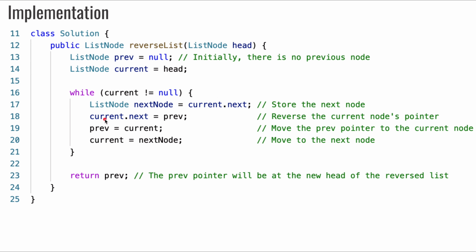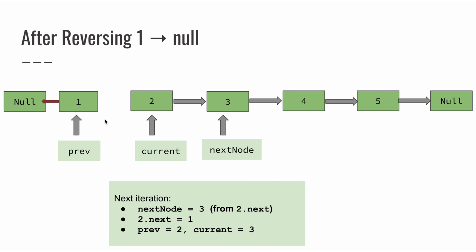So now it's time to reverse the node, right? So our current is here, right? So when we are reversing, now we will set this value to null. So current dot next, we are not keeping like this, we are reversing. So now we are doing what? Current dot next is previous. Now we are moving previous to current. And so this next node will move from here to here, and the current will move from here to here.